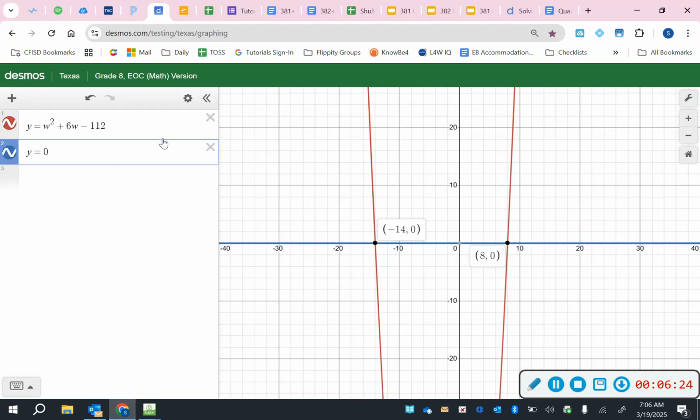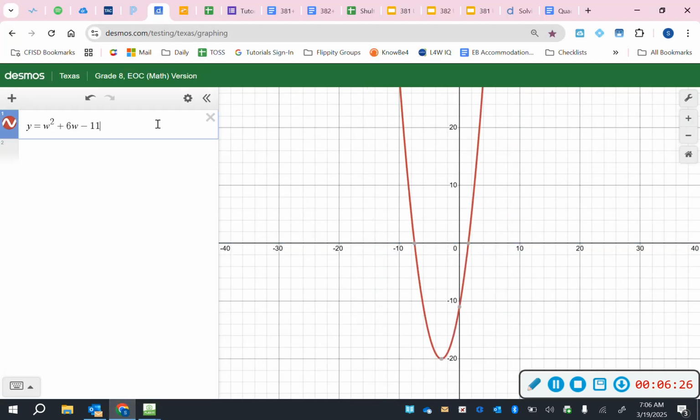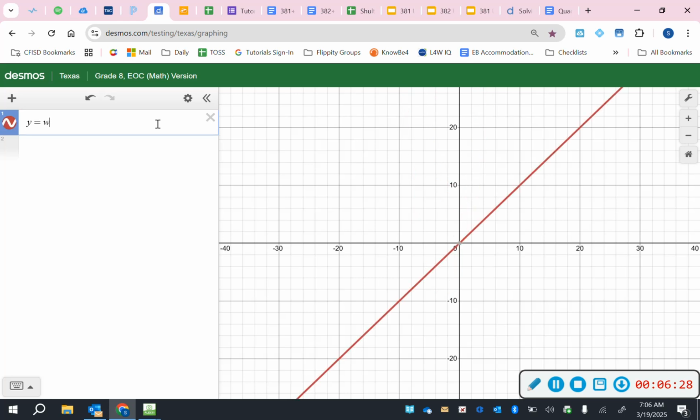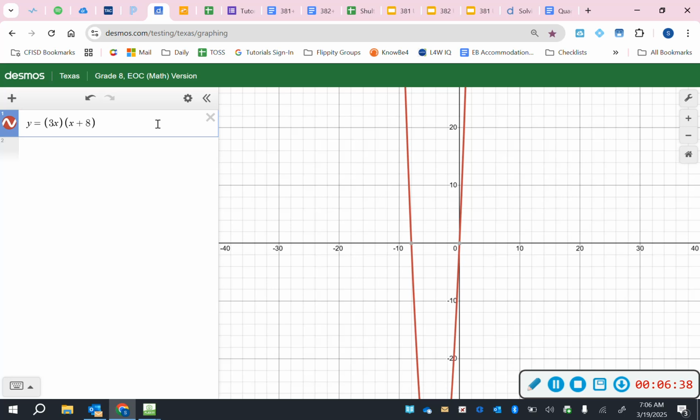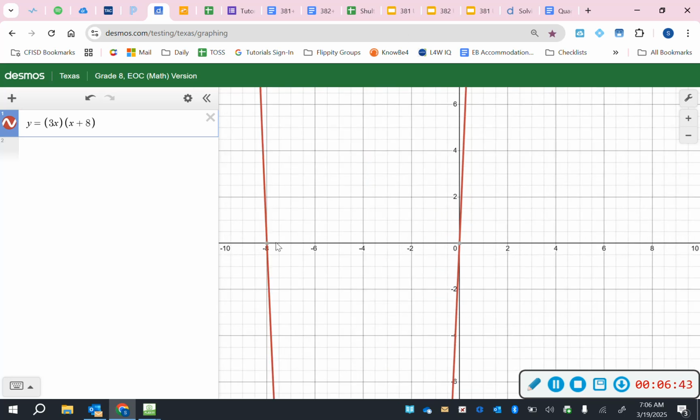So let's say I wanted to plug these in. So we are gonna put in y equals, they told us our factors are parentheses 3x parentheses, and they told us our other factor is x plus 8. And if they're looking for your zeros, those are your x-intercepts. We have one at negative 8 and we have one at 0. So our answer should be A.